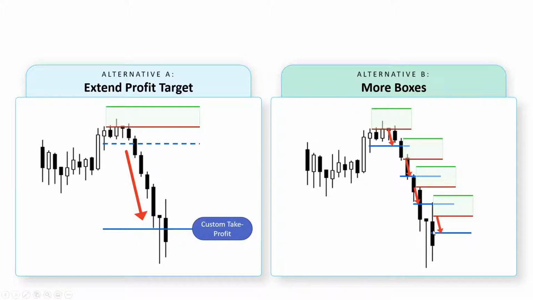And the basic difference between the two is, for the left one, you basically need to know how far or in which direction a price movement will go. On the right side, you don't need to know this.